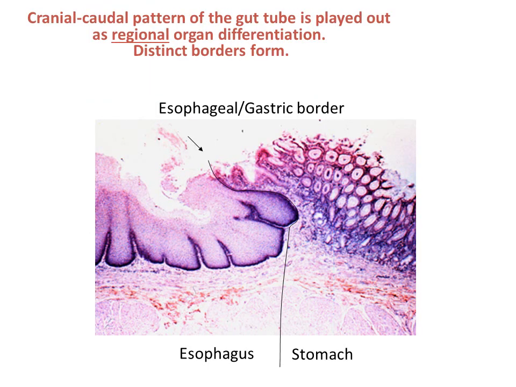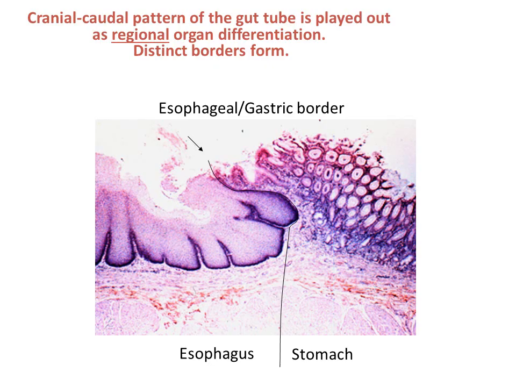Here, the anteroposterior patterning of the gut tube is played out as regional organ differentiation with distinct borders forming. That means at the junctions between the gut tube organs, the epithelium changes during formation. Like here at the esophageal junction or esophageal border, you can see clearly the type of epithelium that covers the esophagus is squamous epithelium, and for the stomach it is columnar epithelium.